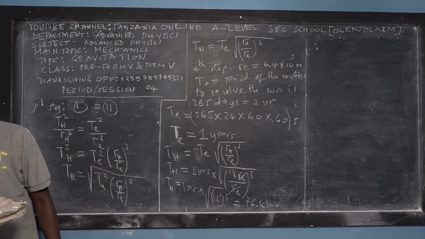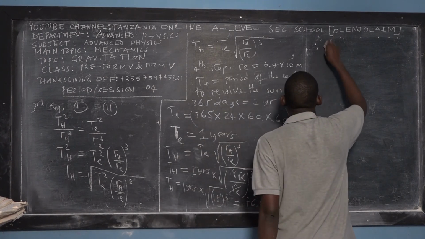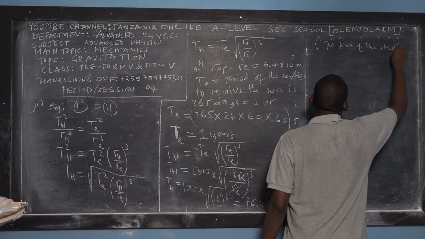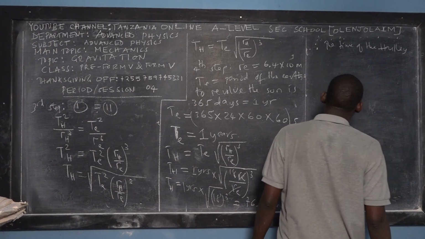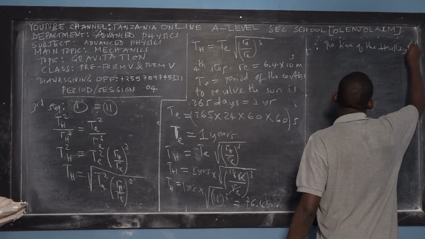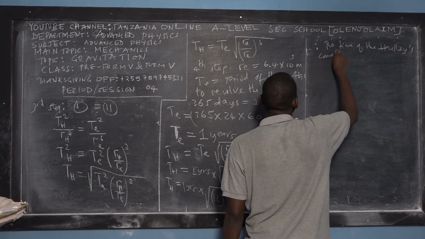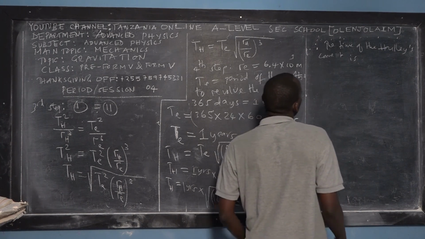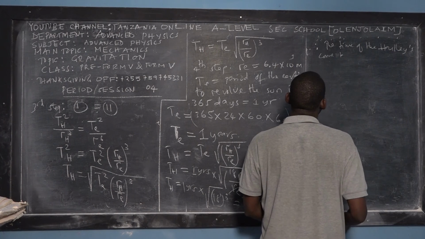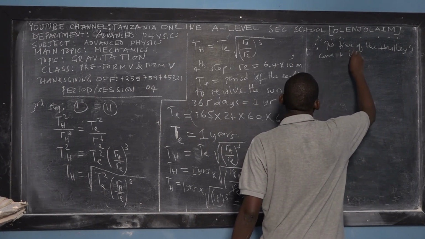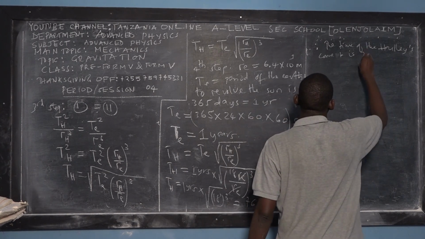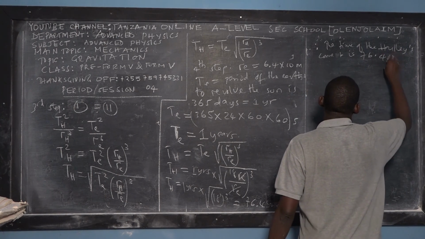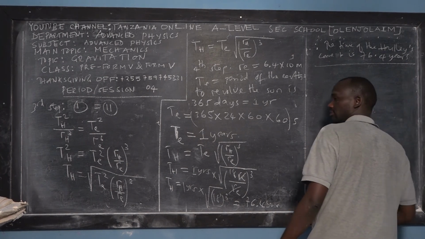The period of Halley's comet. So you say that is what? 76.4 years. You are done. Right?